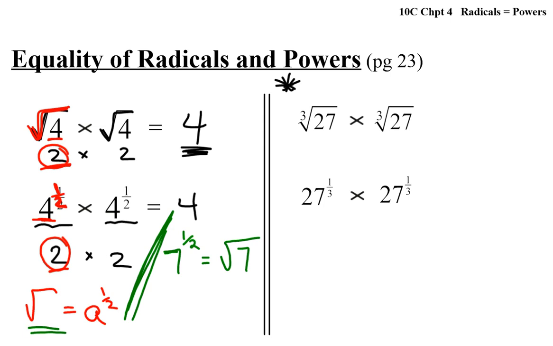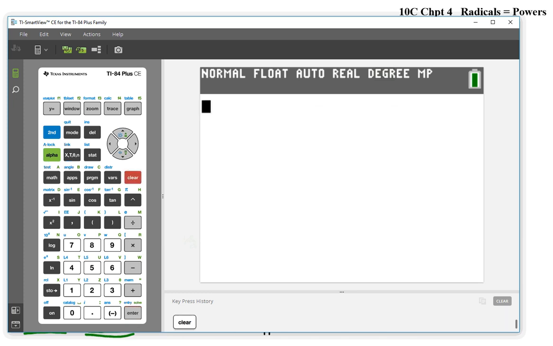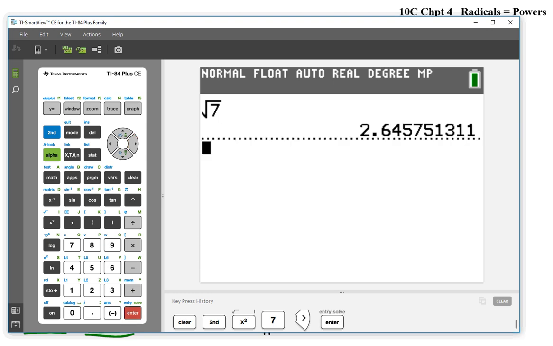Square rooting something should be the same as having it exponent 1/2. Well, let's check this out. 7 exponent 1/2 and square root of 7. What do we get for values? Well, let's square root 7 first. Square root of 7, 2.6457, blah, blah, blah.